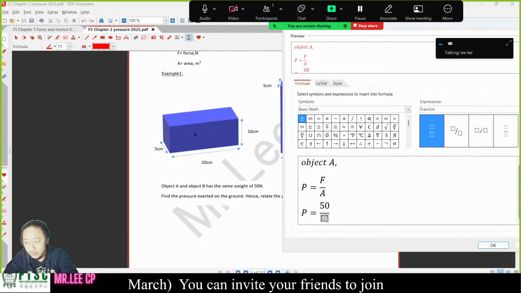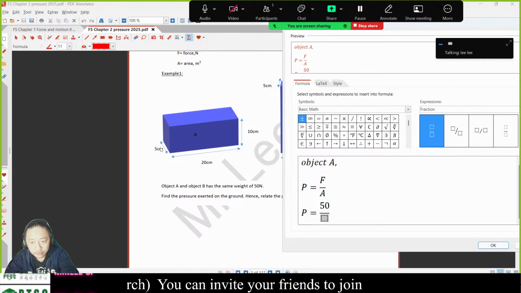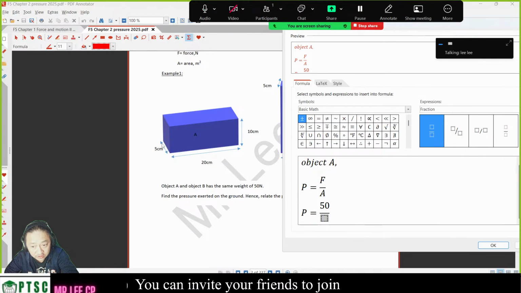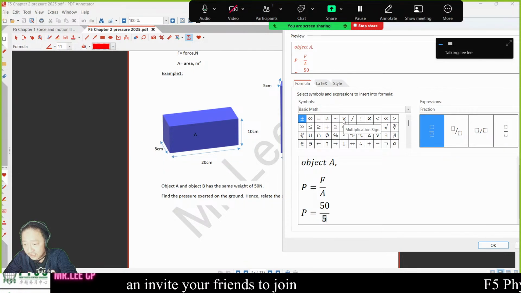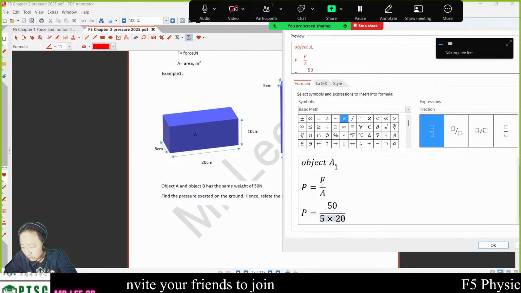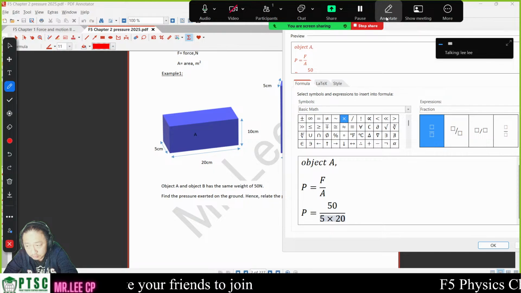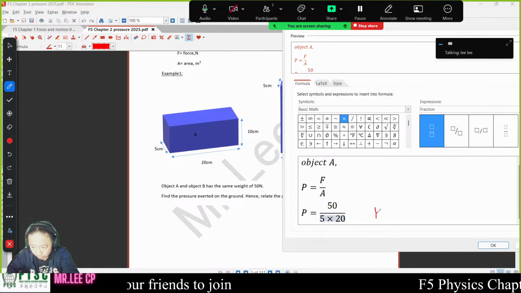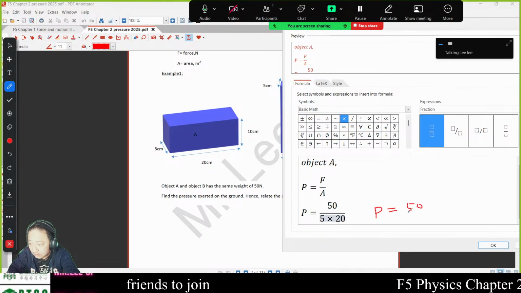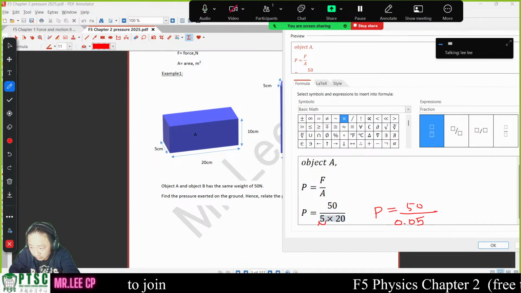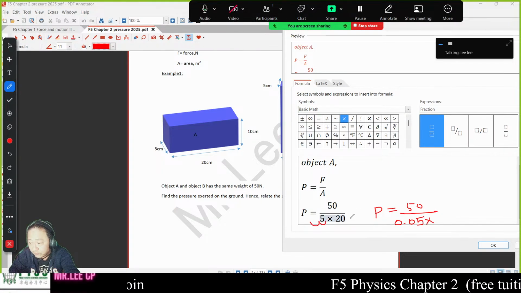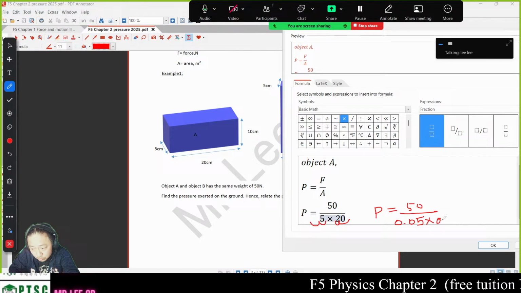So we are going to use meter. Right? So this one is 5 cm, this is 20 cm. If you change it to meter, it's supposed to be 50 divided by 0.05 times 0.2. You divide by 100, move 2 decimal, and then for 20, move 2 decimal, 0.2.